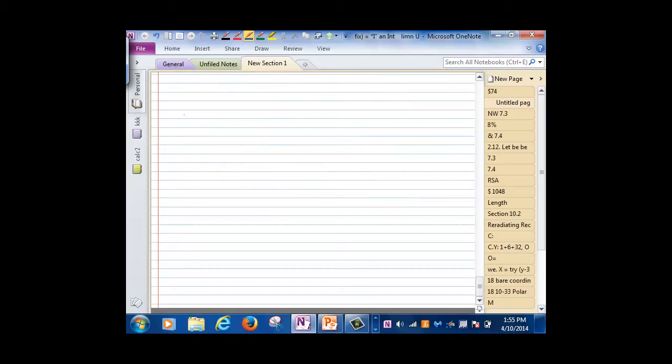So here's an example. Remember that we came up with the following fact, that the limit as n goes to infinity of n over n plus 1 is 1, right? So then what's the limit as n goes to infinity of n over n plus 1, to the power half?